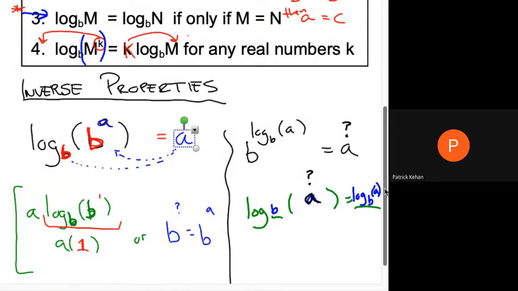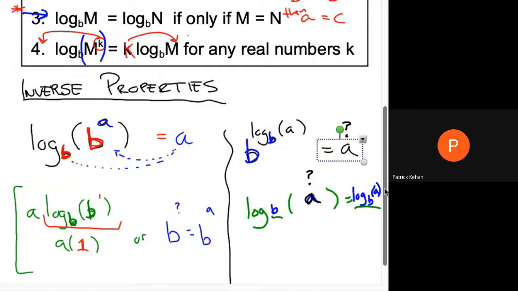Now, this can go in the opposite direction as well. In the first one, it was log base b of b to the a. Over here, we can write it in the exponential format. If you have a base b raised to a log in the same base, so the base of the power is the same as the base of the logarithm that is in the exponent, then this will simplify to just a.